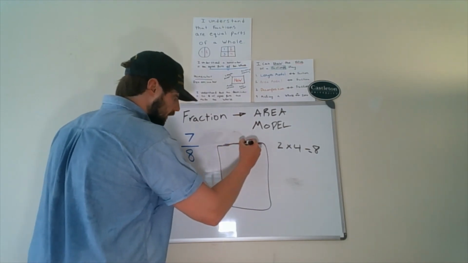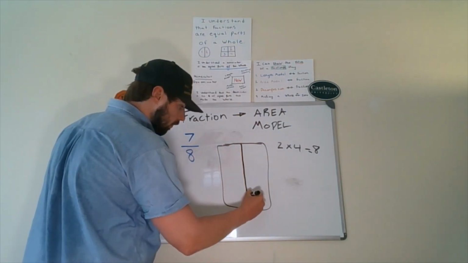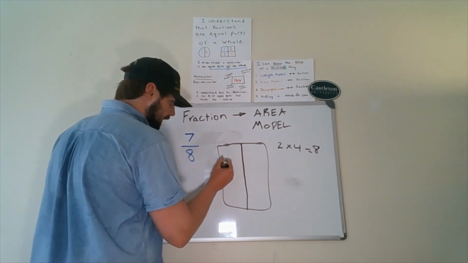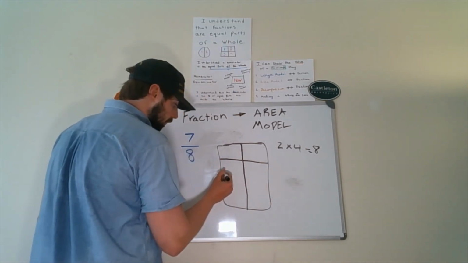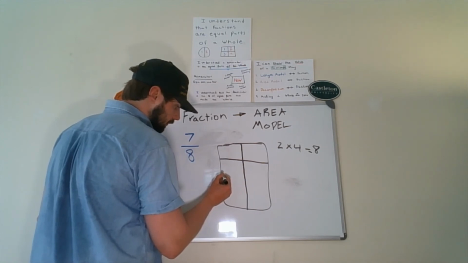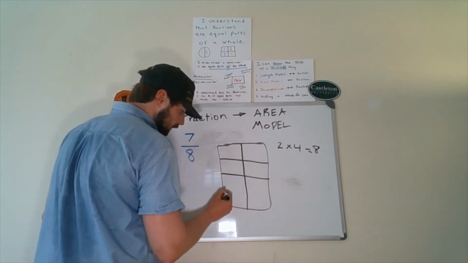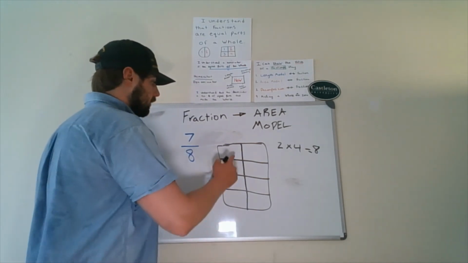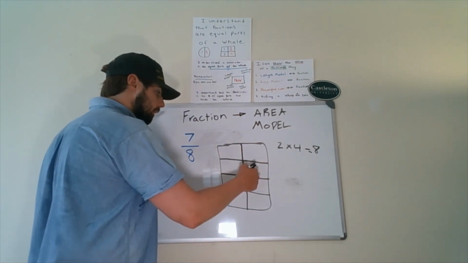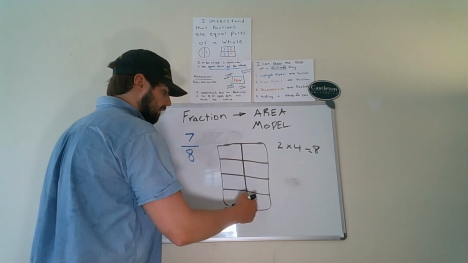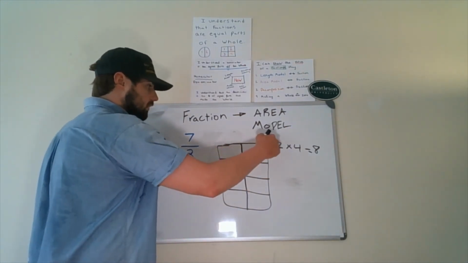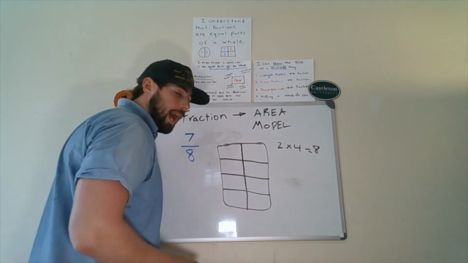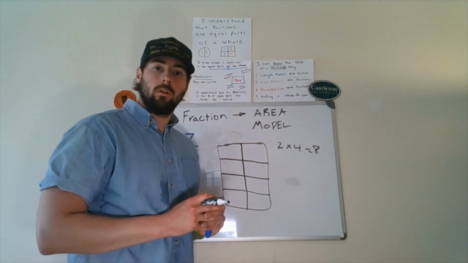So, if I were to break this whole into 2 parts, and then break it again 4 equal times, I would have 8 equal parts. 1, 2, 3, 4, 5, 6, 7, 8. 8 eighths make this whole. I have the parts that make the whole.